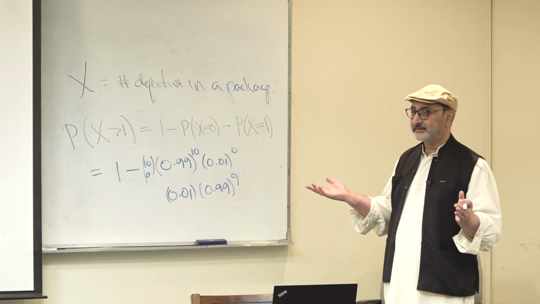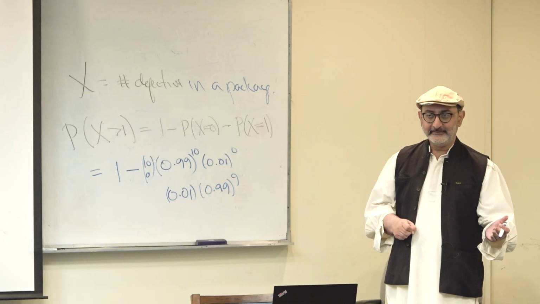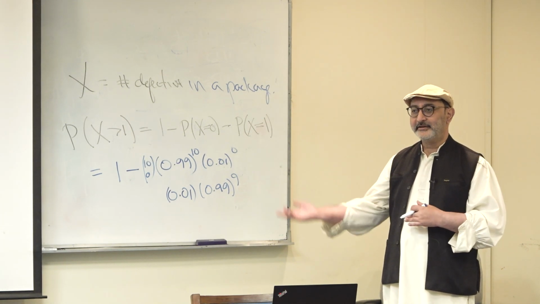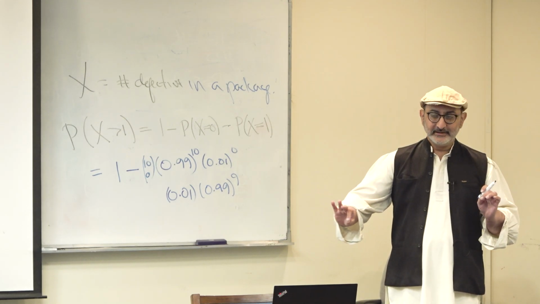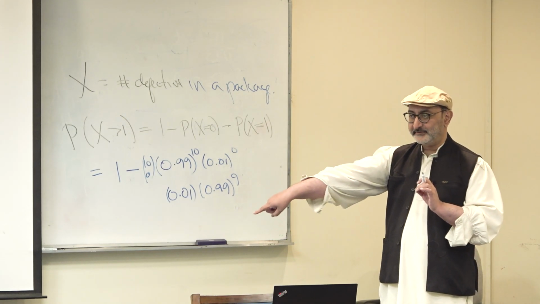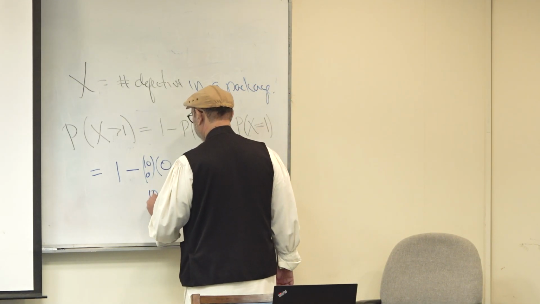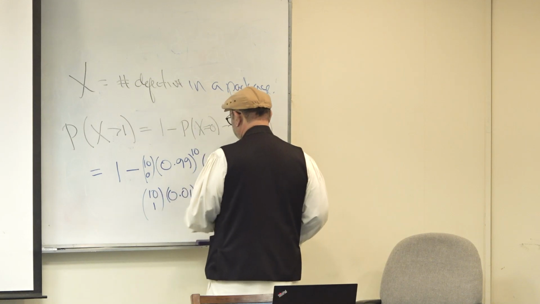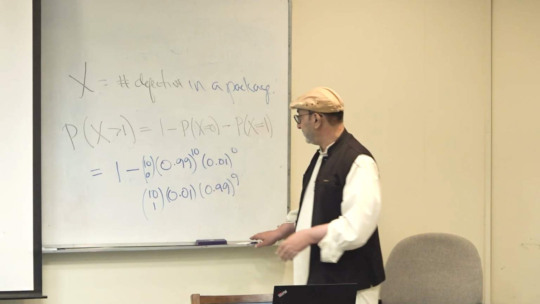How many do we have where one is defective and the other 9 are not? Well, you have 10 widgets, you have to pick which one of them should be the defective one. So out of 10, choose one. The probability of that arrangement is exactly the same.